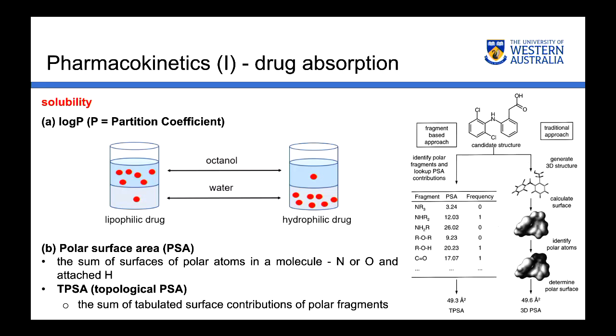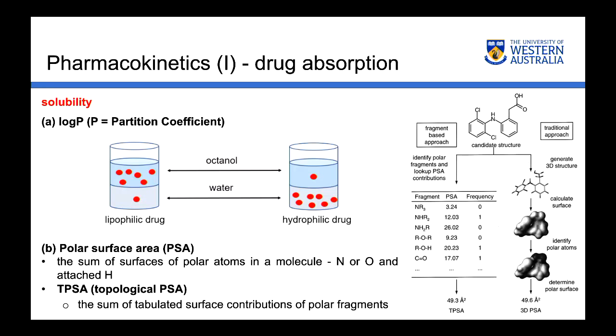There's a table that shows different fragments and the corresponding PSA value. For a molecule, you just calculate how many of these fragments it contains, look them up in the table, and then add them up. That will give you a fairly accurate PSA, without going through all these steps.